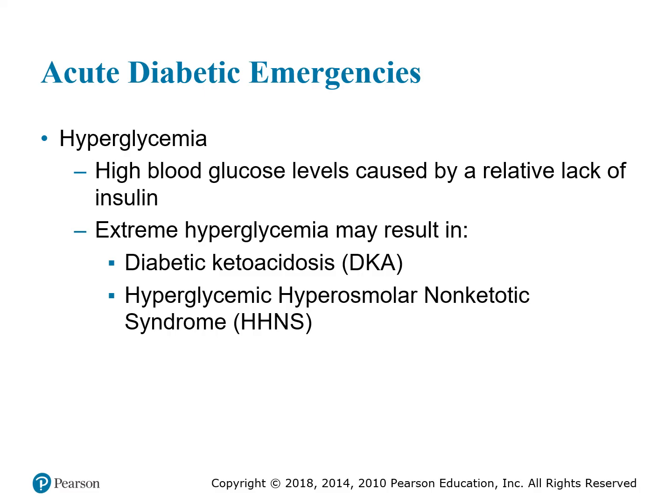When we switch gears talking about hyperglycemia, this is high blood glucose levels caused by a relative lack of insulin or response to insulin. So the key one I'm going to highlight here is DKA, diabetic ketoacidosis. What happens with DKA is the cells of your body are not receiving glucose, and therefore it has to break down fat stores for energy.